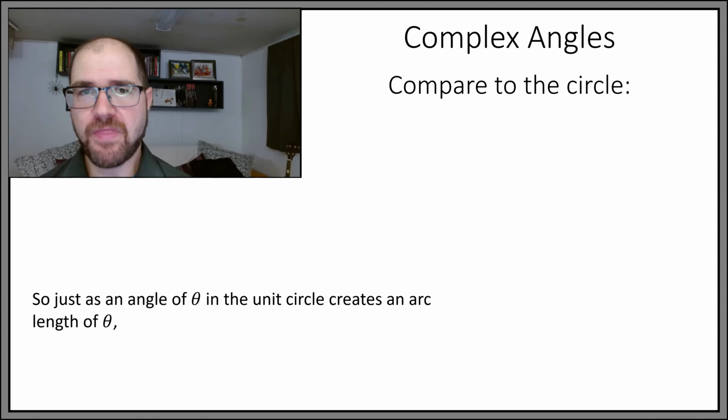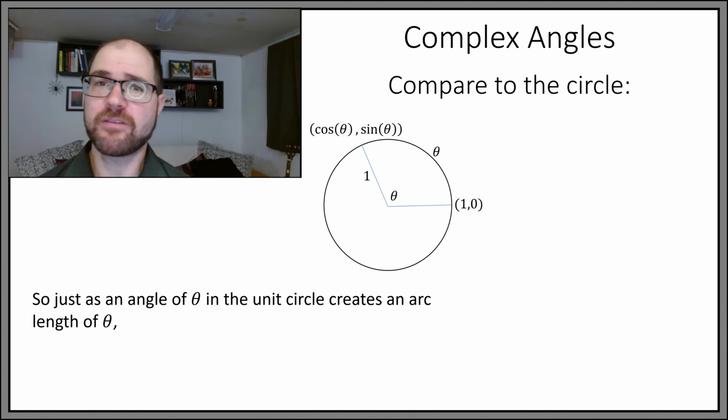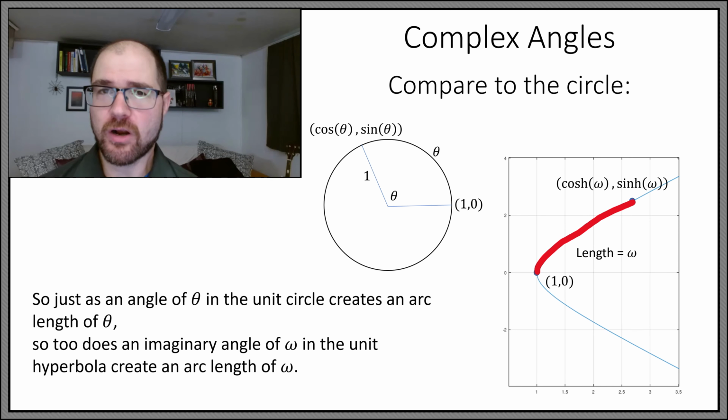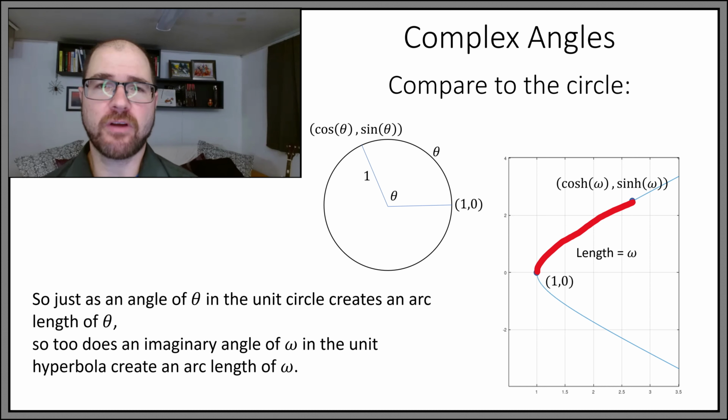An angle of theta measured in radians in the unit circle exactly makes an arc length of theta. But now we've seen that a purely imaginary angle of omega times I creates an arc length of exactly omega in the standard hyperbola. So instead of radian measure giving us arc length in a circle, we have this imaginary measure of angle giving us a length in the hyperbola.